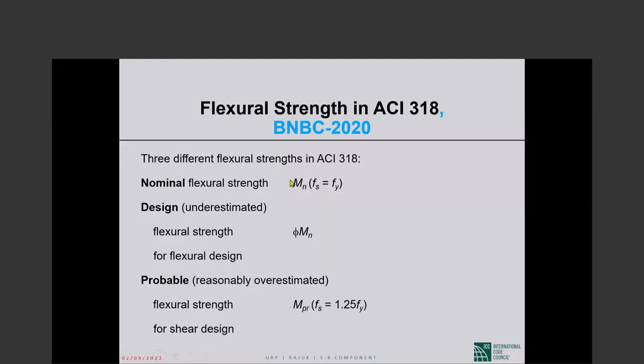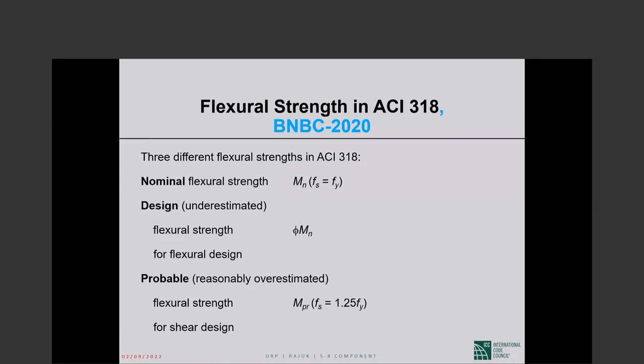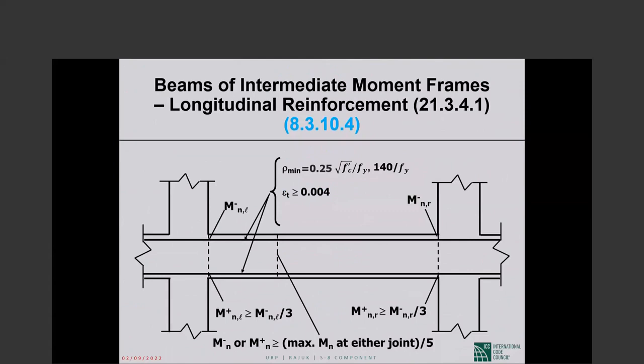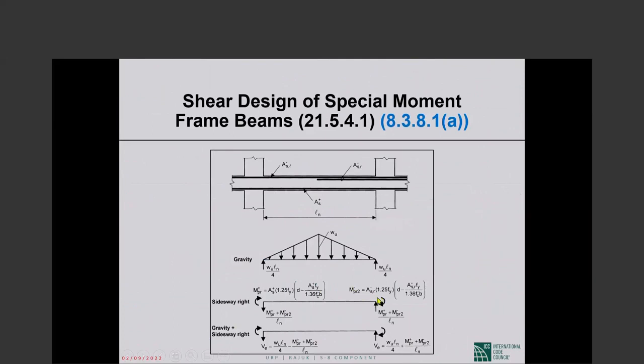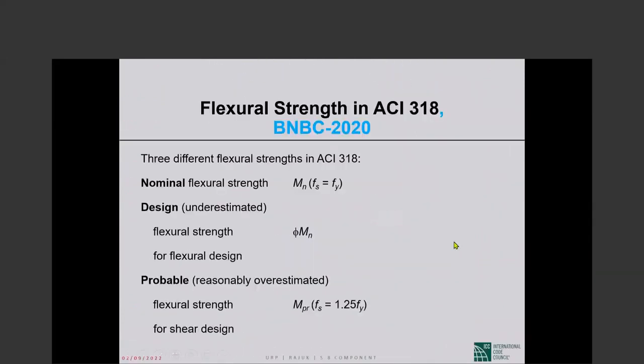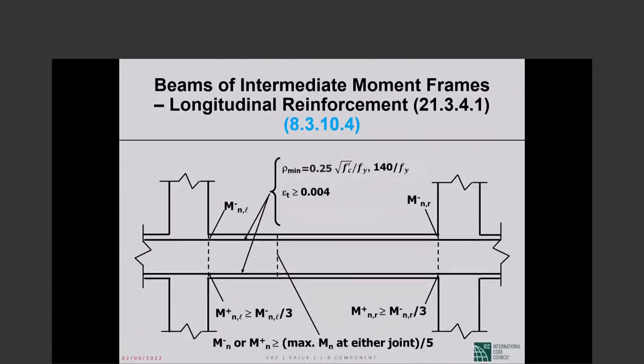The difference between M sub n and M sub pr is M sub pr is calculated using steel stress equal to 125% of the yield strength. Okay, not 100%, as in the case of M sub n. So the shear calculated on the basis of M sub pr at the two ends is what we design for, and that makes shear failure preceding flexural failure extremely unlikely.